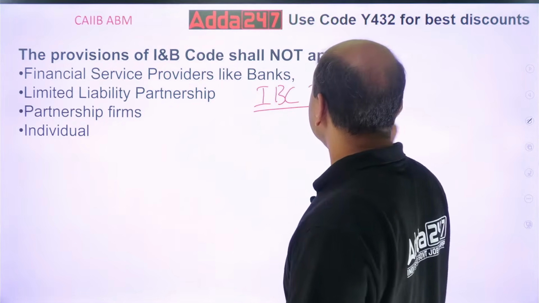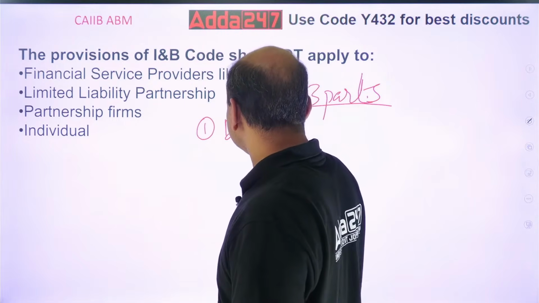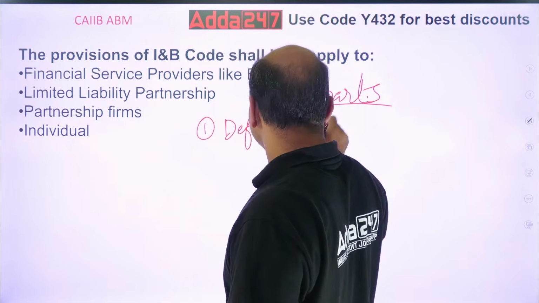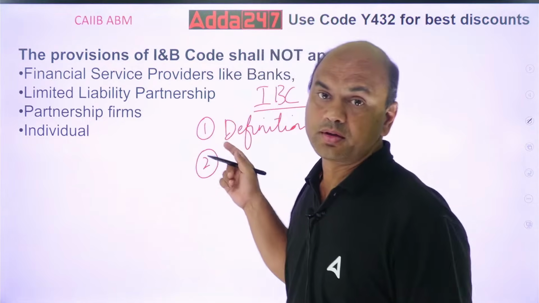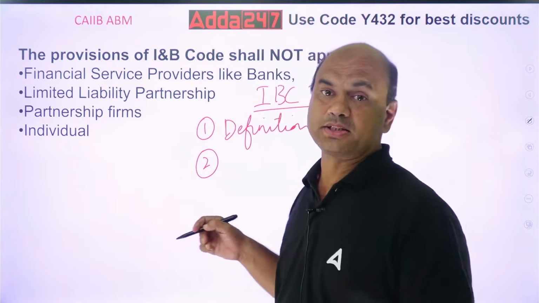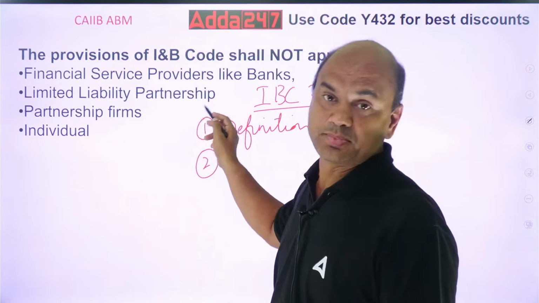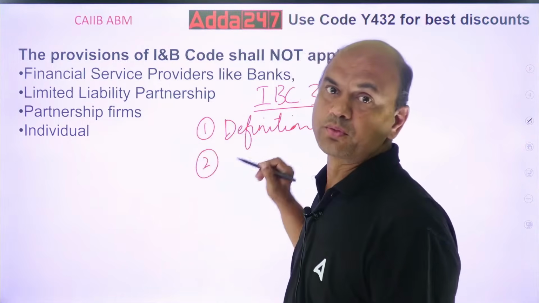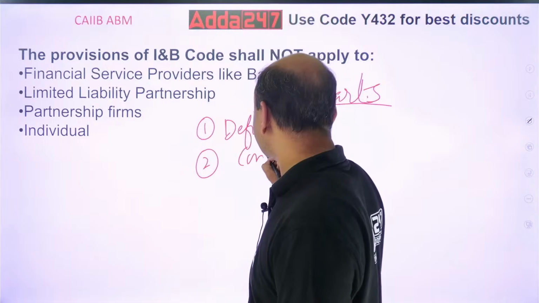Part 1 gives the definitions. Part 2 describes your companies, big companies. Big companies means banks, LLP. These are defined in part 2. Private limited, limited companies. Companies are defined.